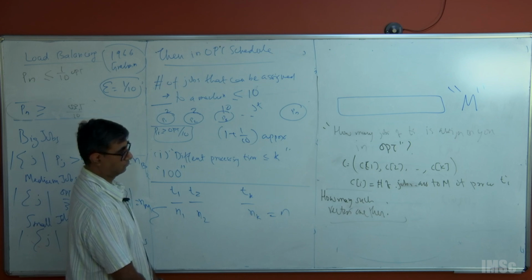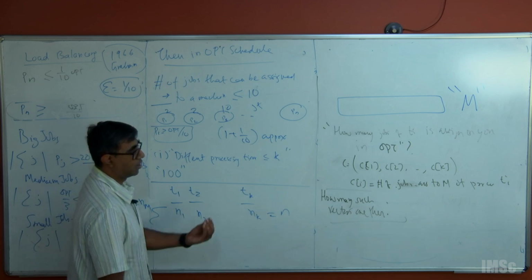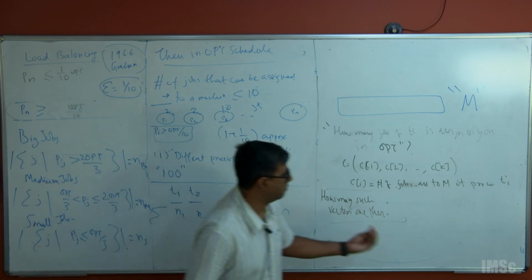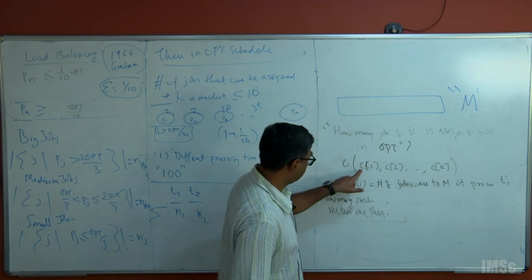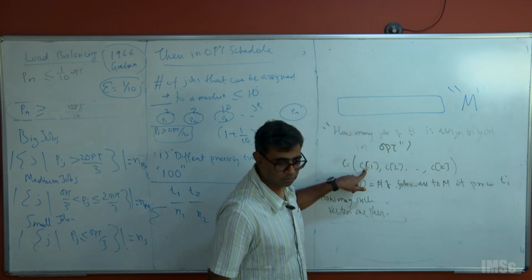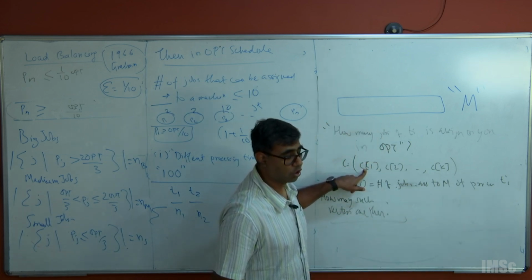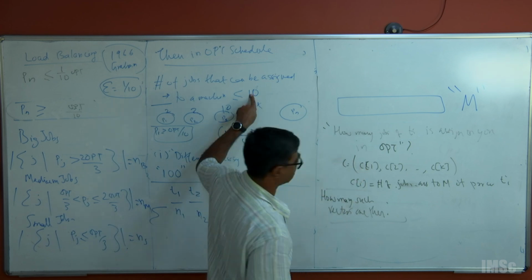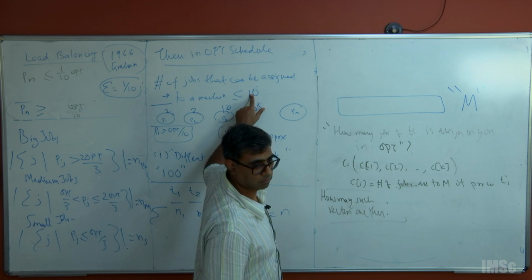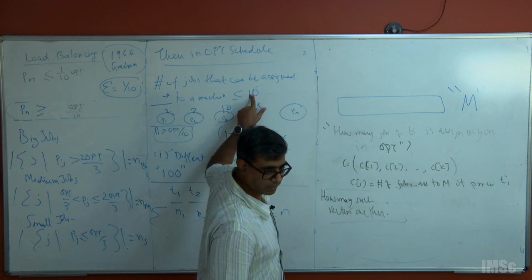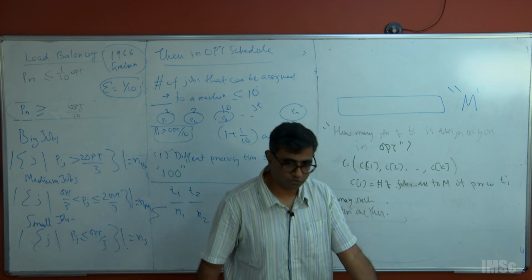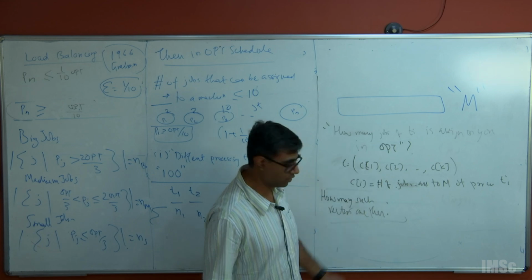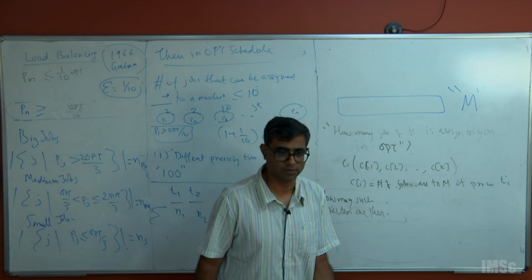What number of jobs can be assigned to M of type 1? How many jobs can I assign of type 1? At most 10, because the total number of jobs that I can assign to any machine is 10. So why would you assign as much as you like? I mean, come on, you have no option.